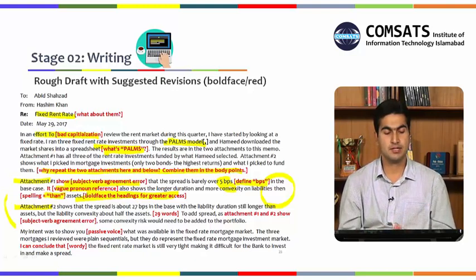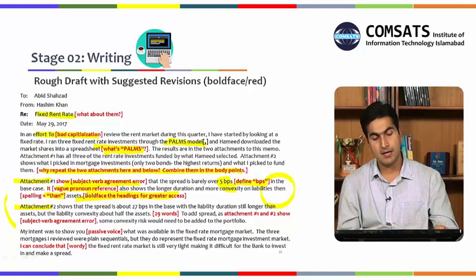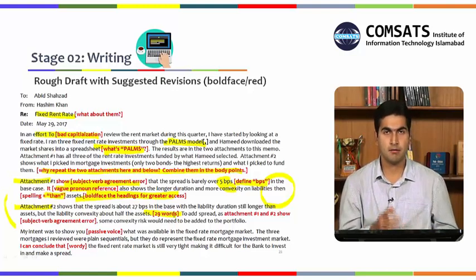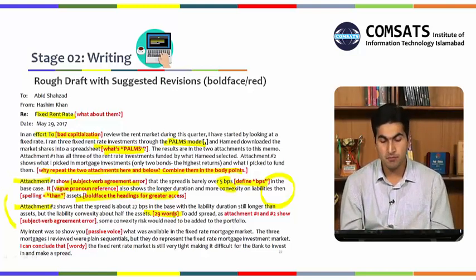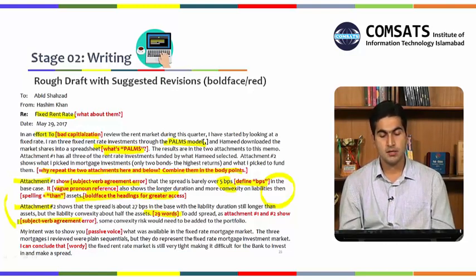So these are some of the errors. Again a reference of using 29 words in a straightforward manner rather than any break, rather than any punctuation, again an incorrect form. To add spread as attachment 1 and 2 show, again this error of subject verb agreement.